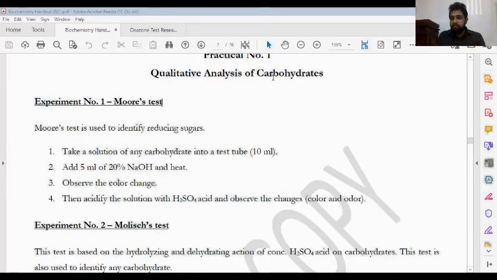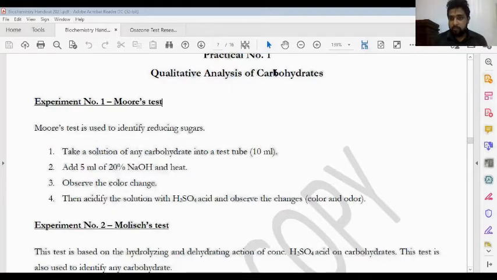Actually, reducing sugars are those which behave in a similar way to reducing agents because of the free ketone or aldehyde group. If we put that in a simple manner, reducing sugars are the sugars that behave as a reducing agent which have free aldehyde or free ketone groups.